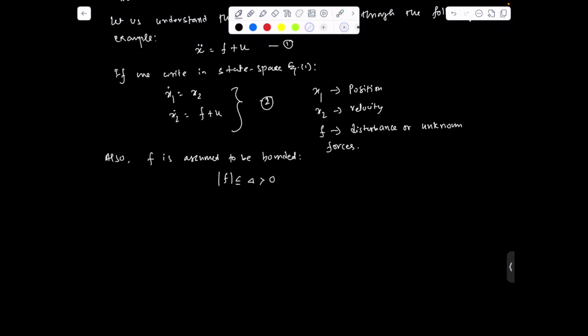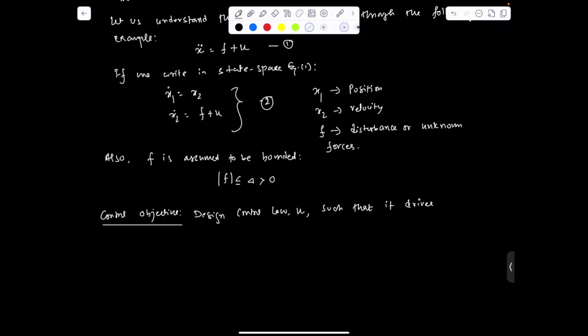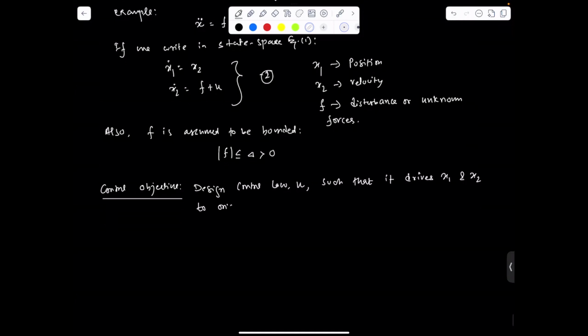So here, our control objective is to design a control law, which is u, such that it drives x1 and x2 to the origin asymptotically.